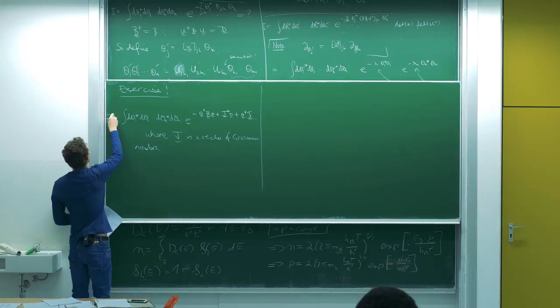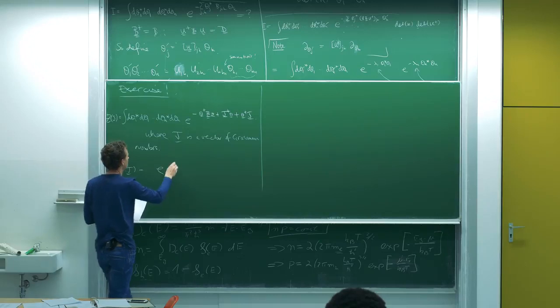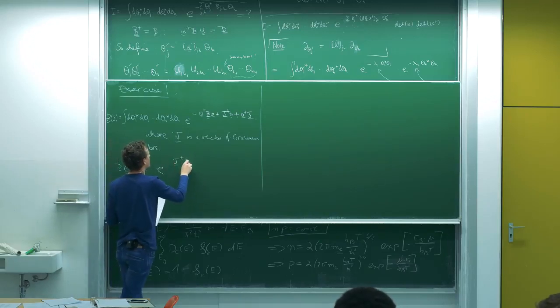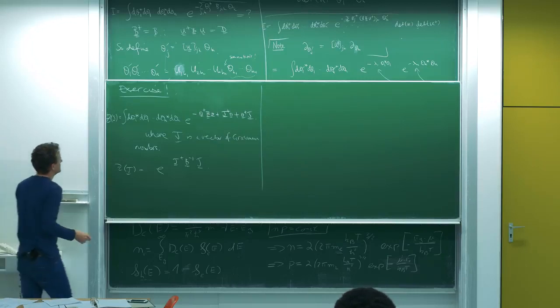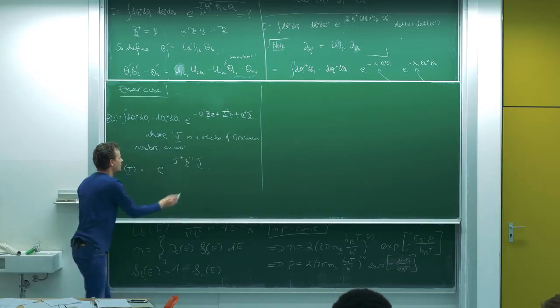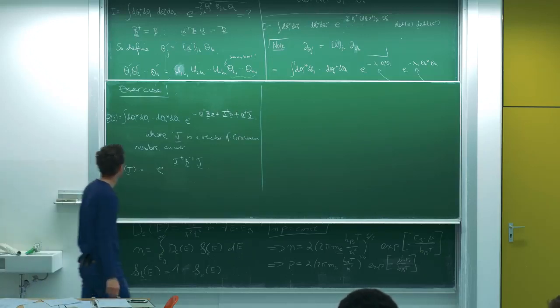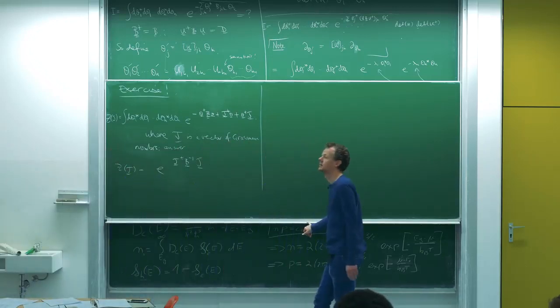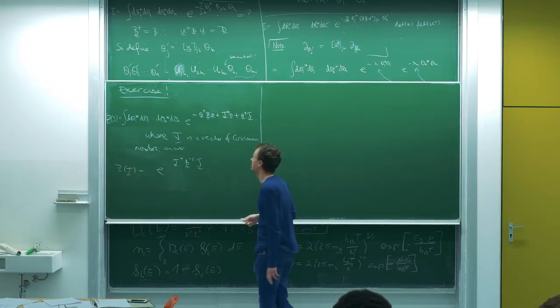You should find the answer that you would expect in the classical Gaussian case. That's the answer. But you need to do it. And then, given this answer here, we can work out all the moments now of a Gaussian Grassmann integral.